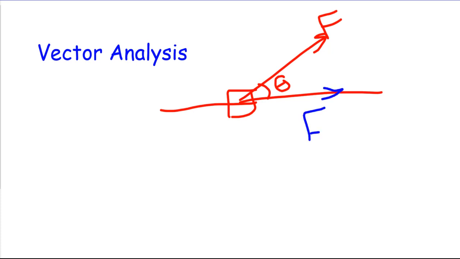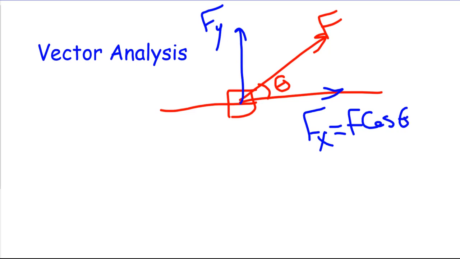Fx and Fy. In the x direction, which is the horizontal component, it is F cosine theta, and here Fy is equal to F sine theta.